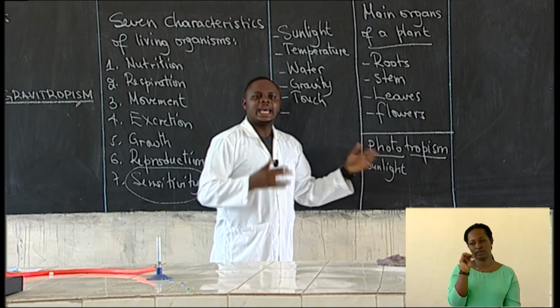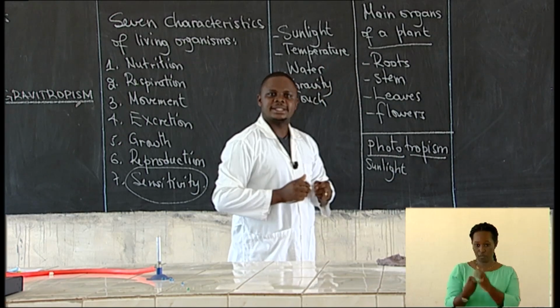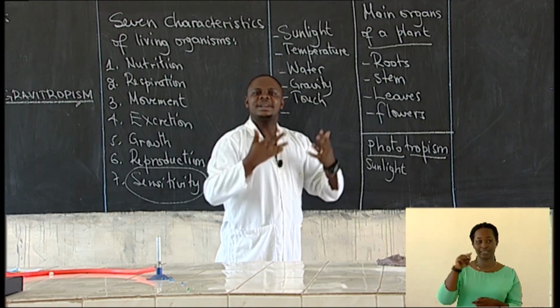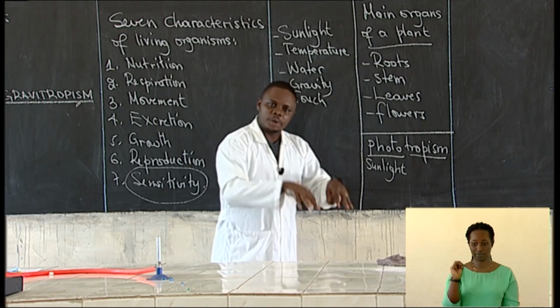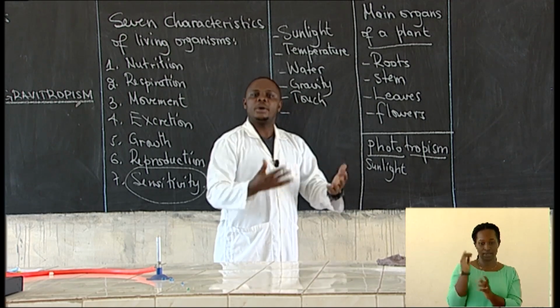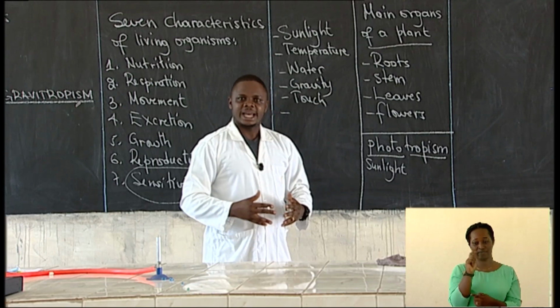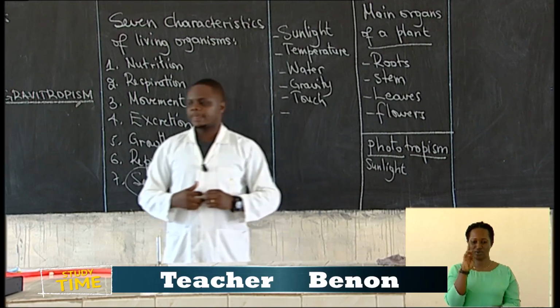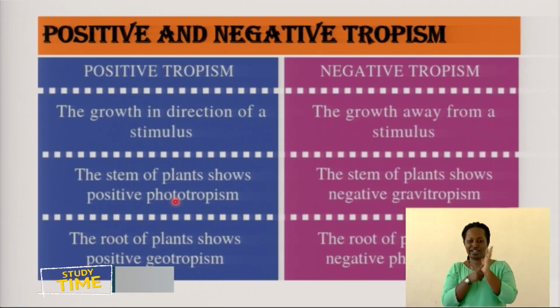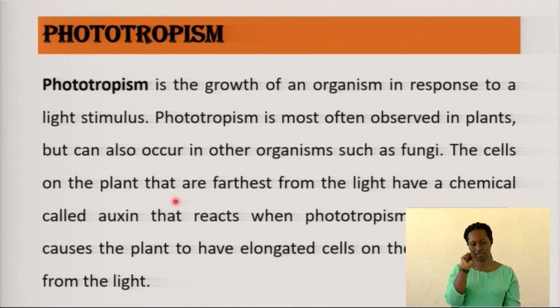So meaning here, if the stem is growing towards sunlight, that is positive phototropism. Then roots of the plant are growing towards gravity. That is positive gravitropism and negative phototropism. Then from there, after understanding phototropism, we can say phototropism is the growth of an organism in response to light stimulus.